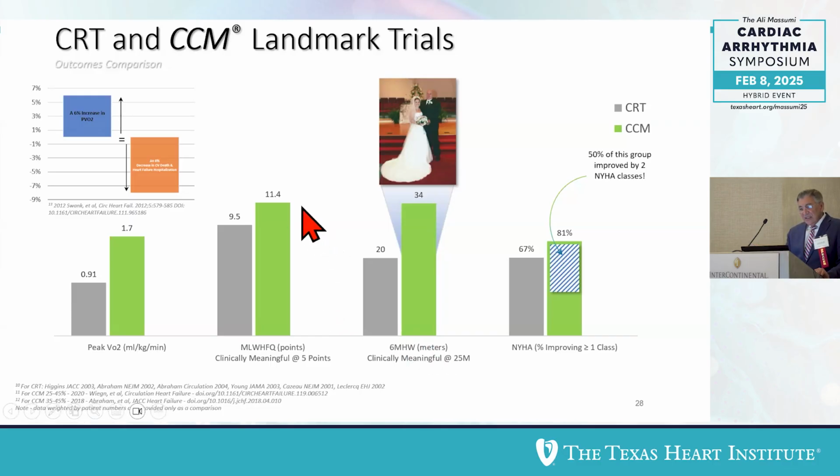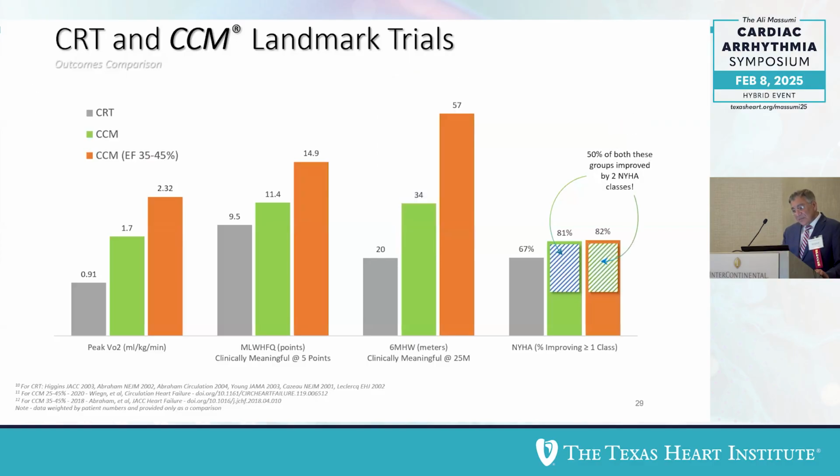And you see that comparing to CRT for the control, as you see, the 11%. And then the 6-minute walk compared to CRT. So they compare this to CRT, and at least it's not inferior to that. It's something that we may think about. And people improved New York Heart Association classes, 80% improved.